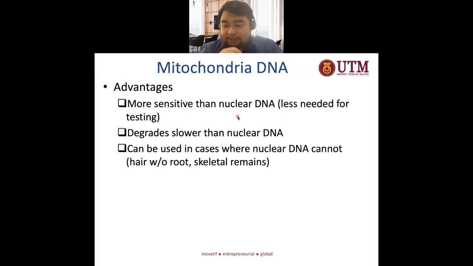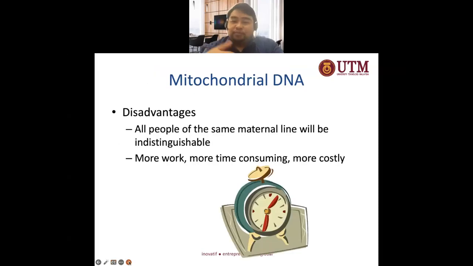So what are the disadvantages? All of the people from the same maternal line will be indistinguishable because all of us have the same mitochondrial DNA. It is also more work, more time consuming, and usually much more costly.